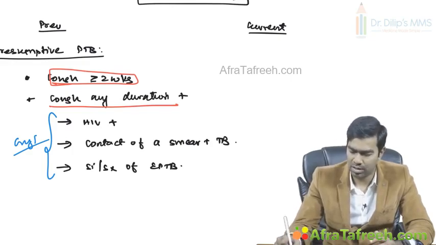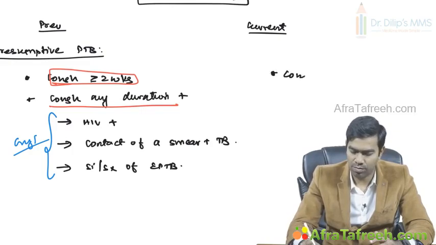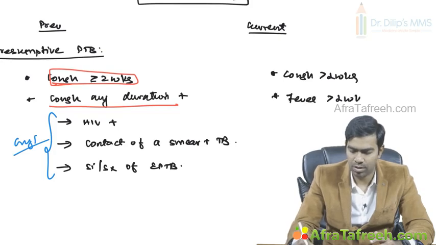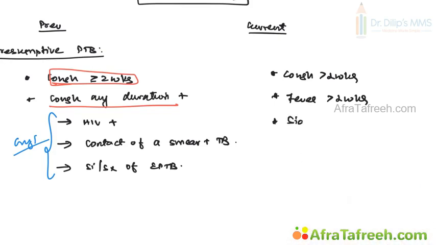The first thing is cough of more than 2 weeks duration. Second, fever of more than 2 weeks duration. Third, if the patient has significant weight loss. Let me tell you later what the definition of significant weight loss is.